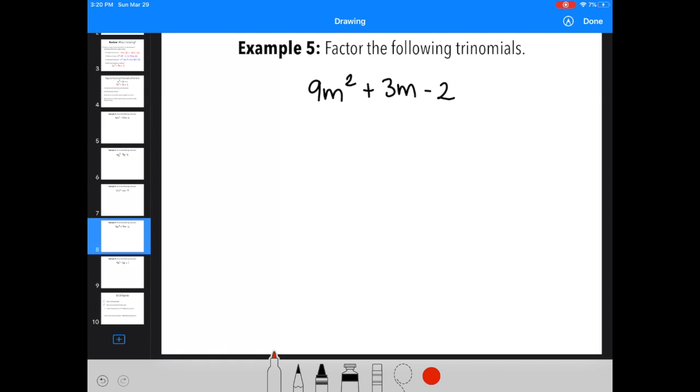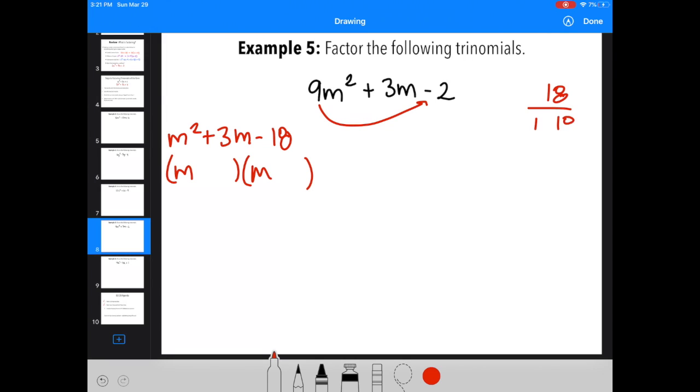Factor the following trinomial: 9m squared plus 3m minus 2. Time to slip 9 down. So it gives me m squared plus 3m minus 18, because I'm going to multiply that 9 by 2. Now it's time to factor that trinomial, which my factors of 18 are 1 and 18, 2 and 9, 3 and 6.